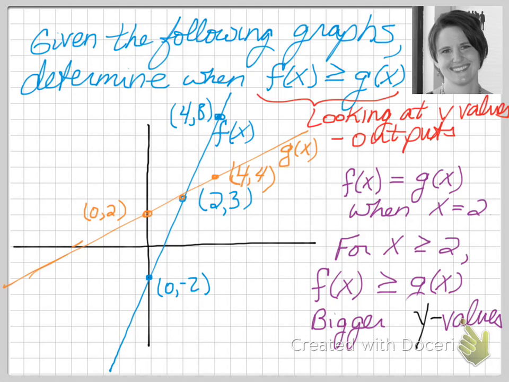Another way to do this is drawing a vertical line. To draw a line from f(x) to g(x), I have to go down, so that makes f(x) bigger. If you look at other places, like when x equals 3, we have to go down from f(x) to g(x).